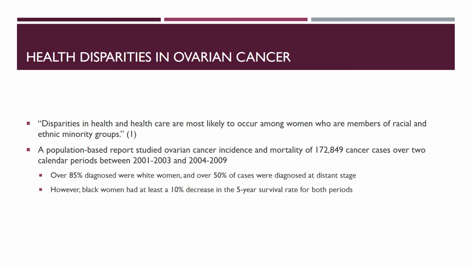Even though it's more prevalent in white women, Black women had at least a 10% decrease in their 5-year survival rate for both periods, 2001 to 2003 and 2004 to 2009.